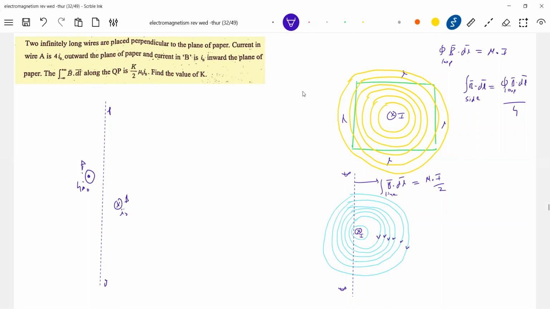There's a diagram given. Okay, now tell me, what is the B bar dot dl due to each wire? It should be half of it along PQ.